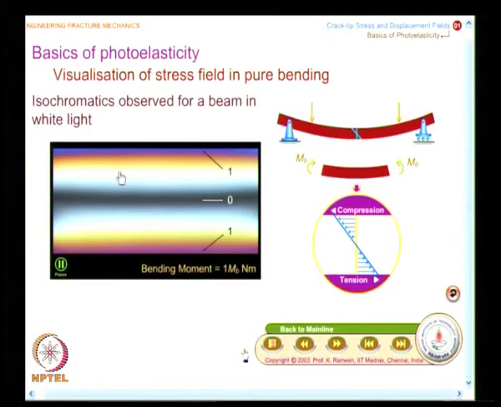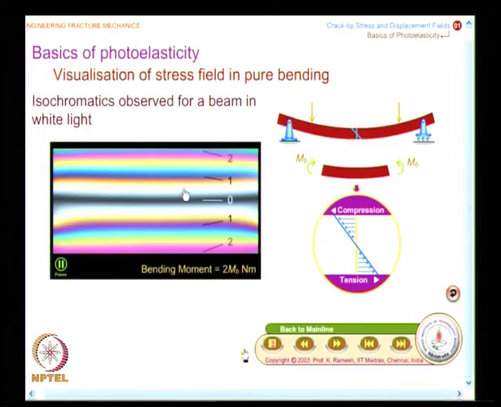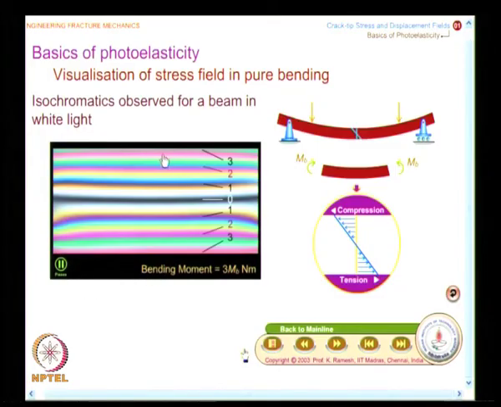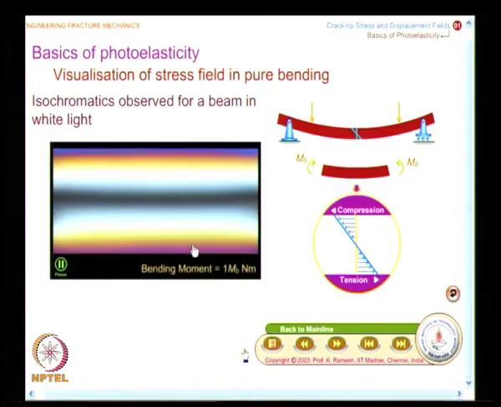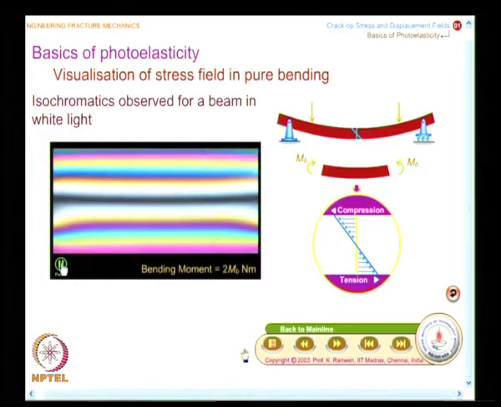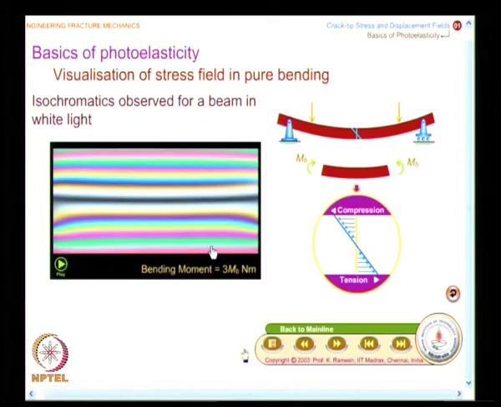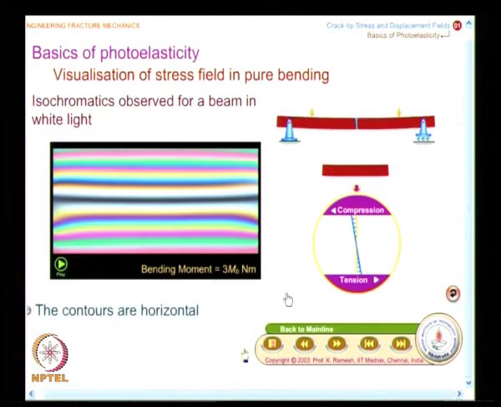Then we directly looked at the fringe patterns obtained for the similar problem, and how do they look? They are horizontal. So, from that we have concluded that whatever contours I get in photoelasticity are contours of sigma 1 minus sigma 2.